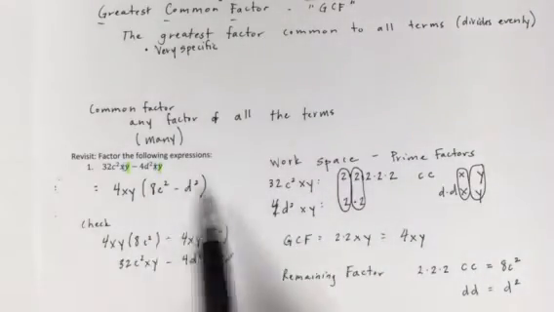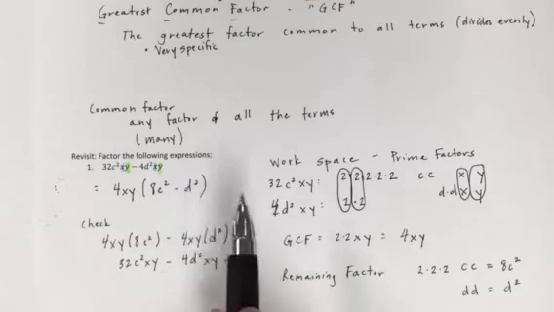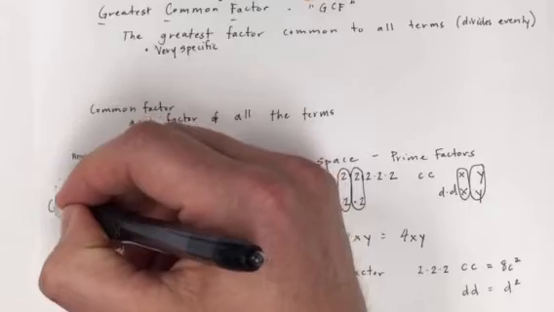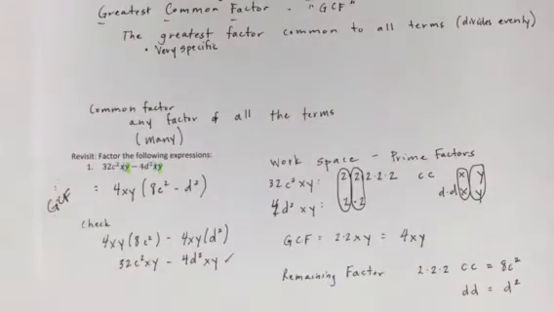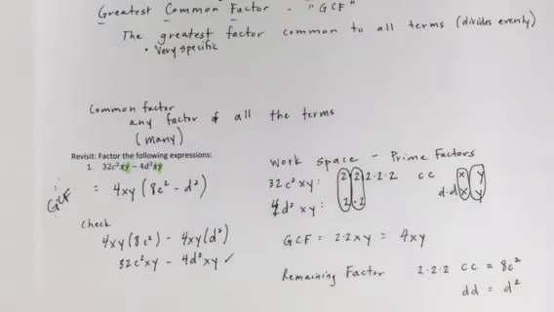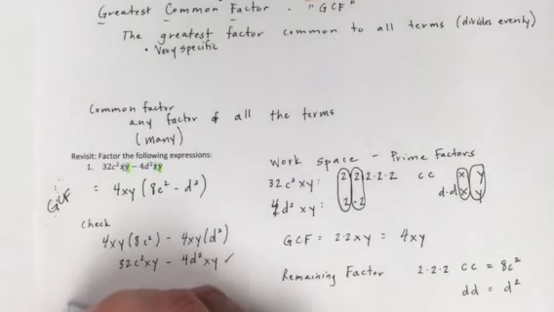So that is us factoring with greatest common factor. I also mentioned that you had common factors. So a common factor would be any one of these letters or numbers being factored out of the expression. For instance, I could have just factored out a 2. So here's a common factor.